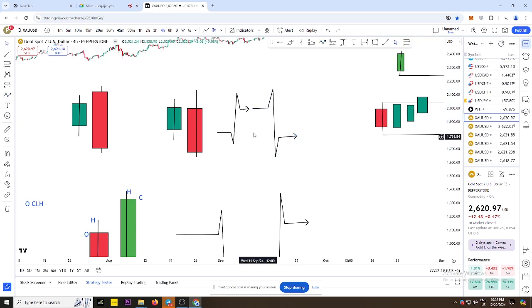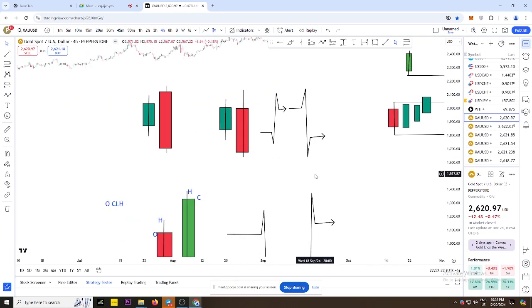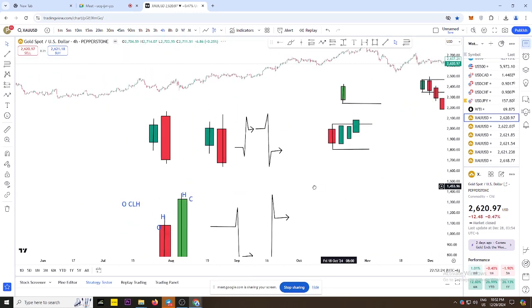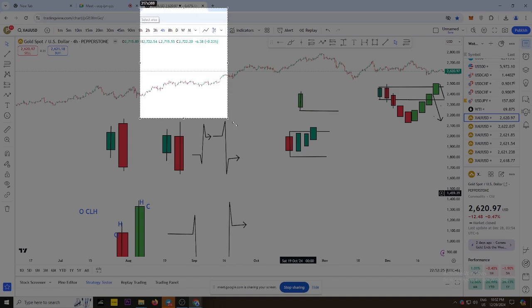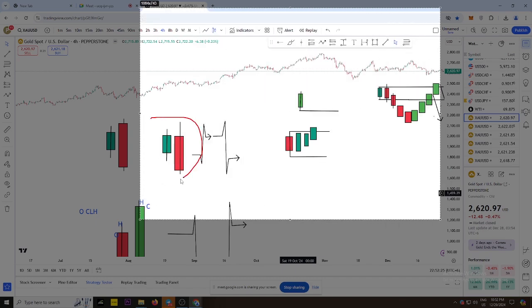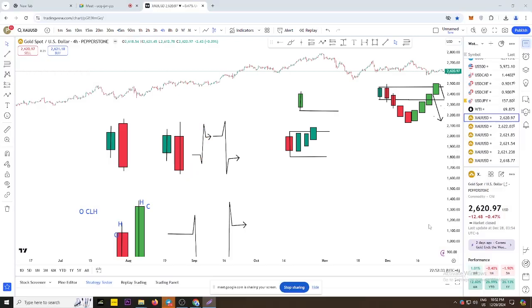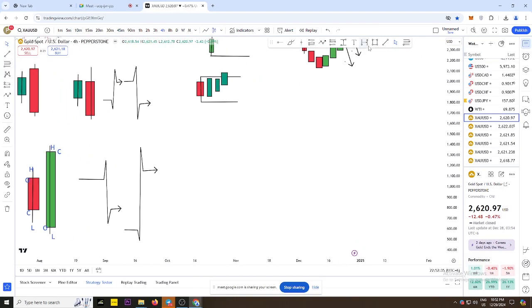So basically this is the engulfing. Whatever I have said so far is based on this. Now let me give you an example. This is the green candle, isn't it?